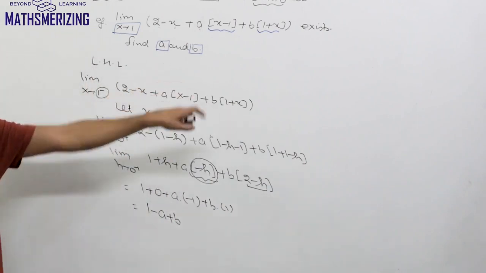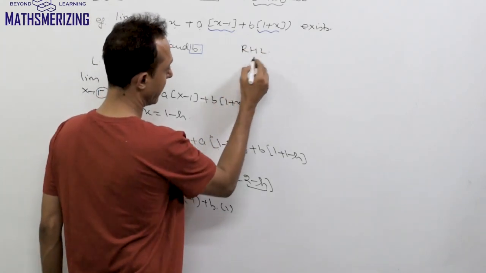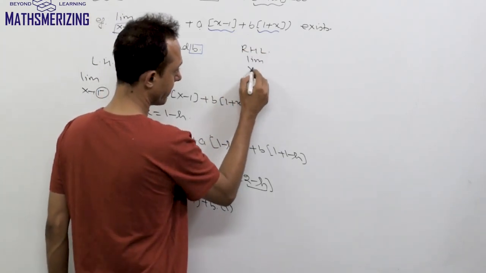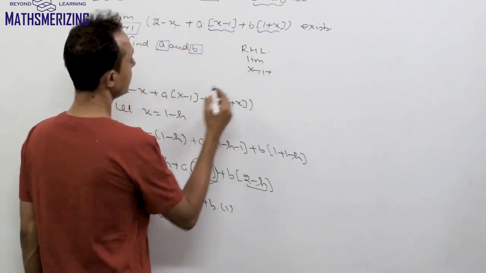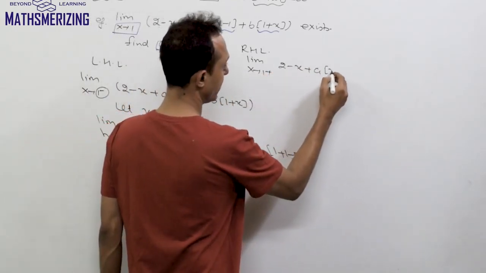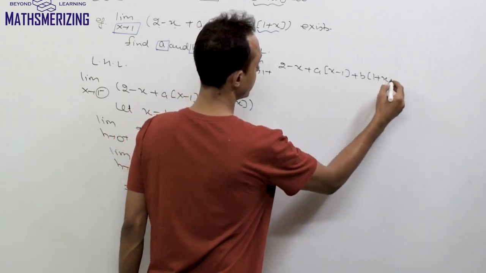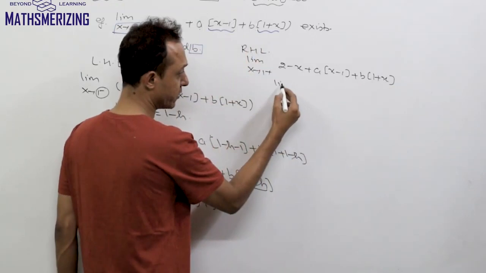Now I'll take the right hand limit. For the right hand limit, I'll write limit x tends to 1 positive, and this is 2 minus x plus a into x minus 1 plus b into 1 plus x. Now I'll again do the substitution.